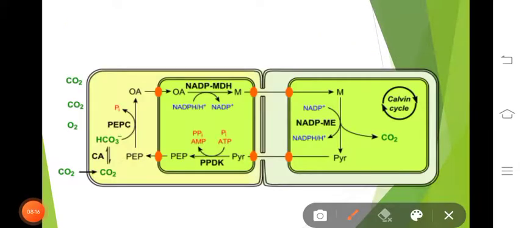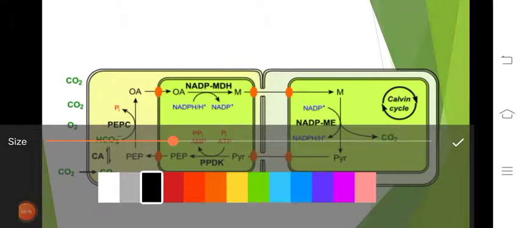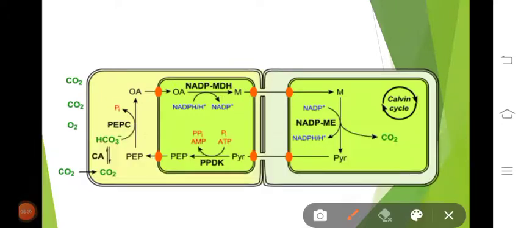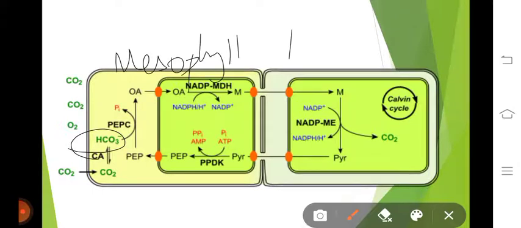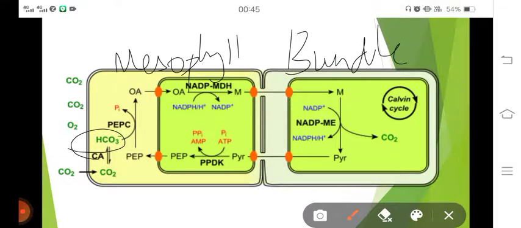So in the diagram it will be clear that the carbon dioxide is taken into the mesophyll cells in the form of HCO3 minus, and getting converted into the first stable compound, oxaloacetic acid, in the presence of the enzyme phosphoenol pyruvate carboxylase.